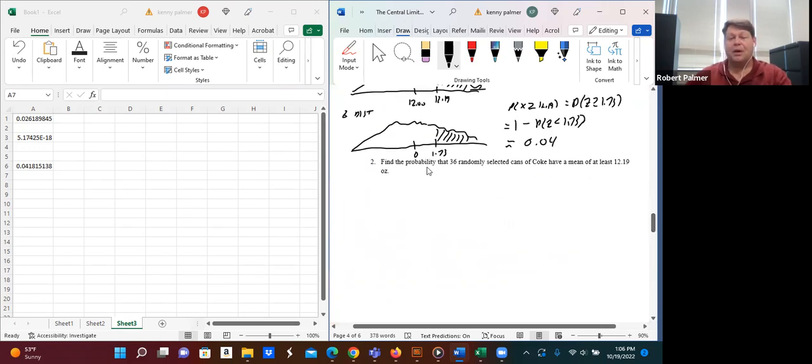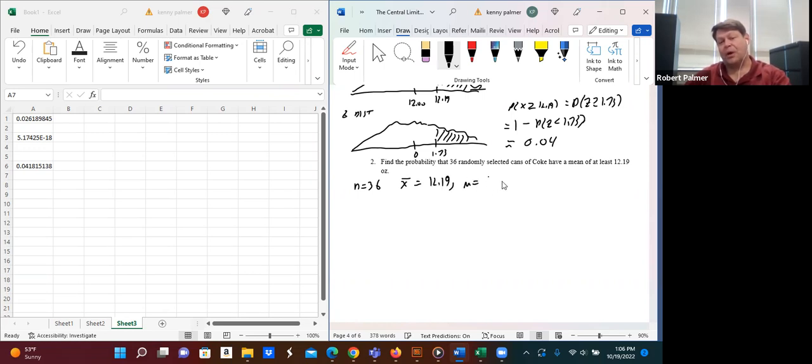Okay, so number 2, find the probability that 36 randomly selected cans of Coke have a mean of at least 12.19 ounces. Okay, so here our sample size is 36. And this time our X bar, so we're taking all these samples, we assume our sample mean, our X bar, is 12.19, but our mu is still the same, which is 12.